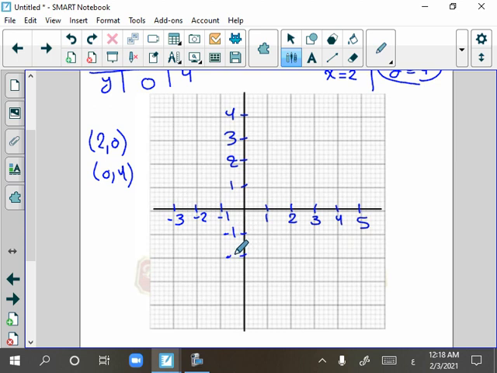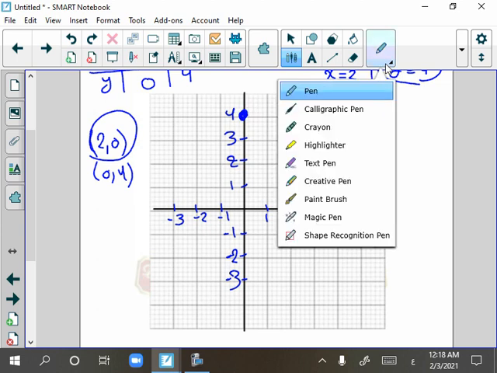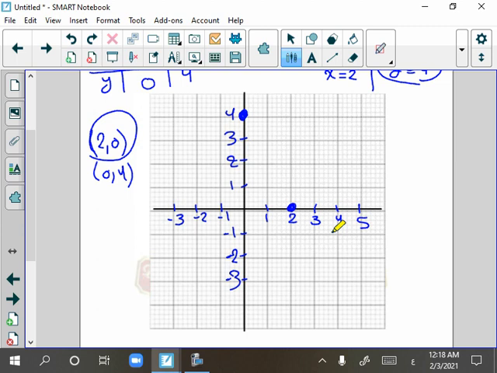The first ordered pair, 2 and 0, will be here, and 0 and 4 will be here. Okay, we will draw a line between the 2 points.